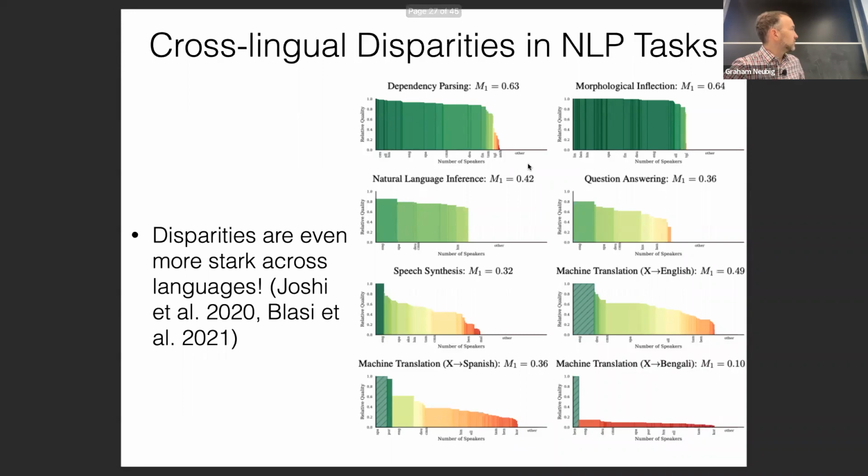Another very interesting thing you can see is that there's a big white part on the right side of this graph, and these are languages for which we don't even have a system. We weren't able to find any results for a system trained in that language.